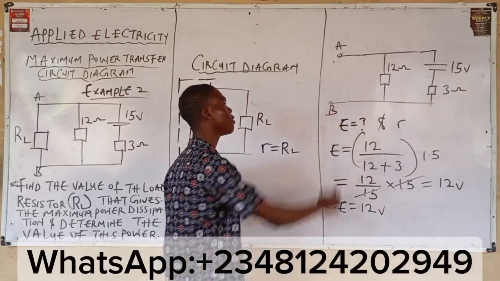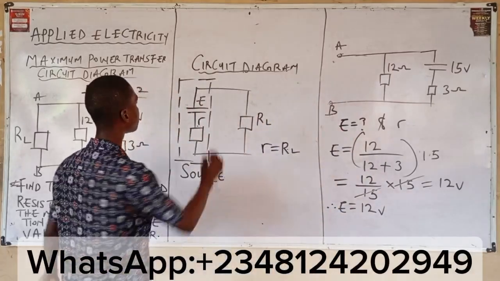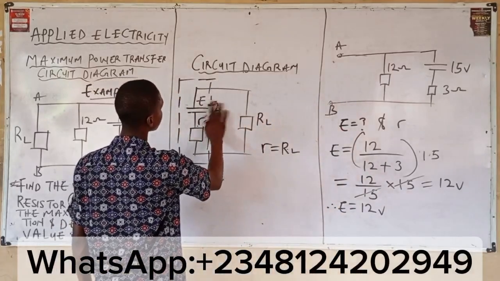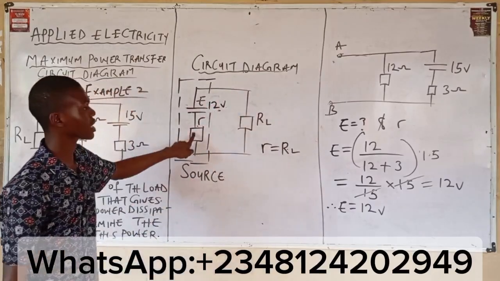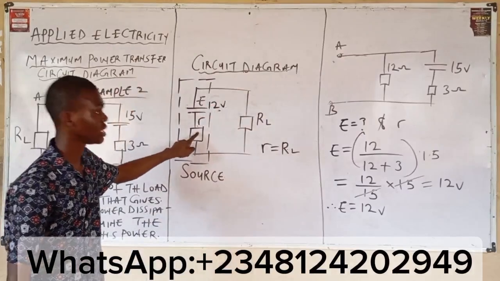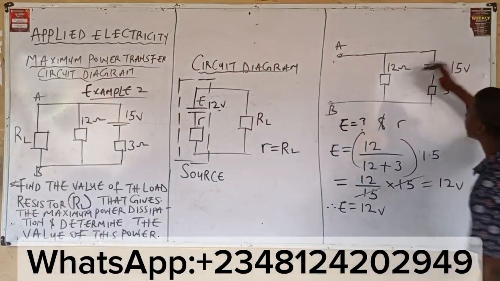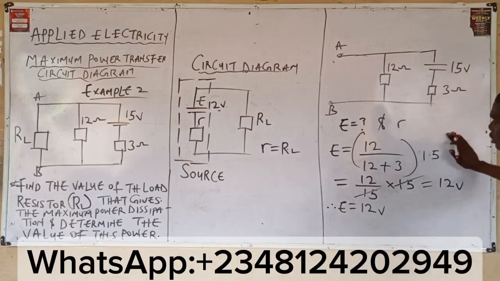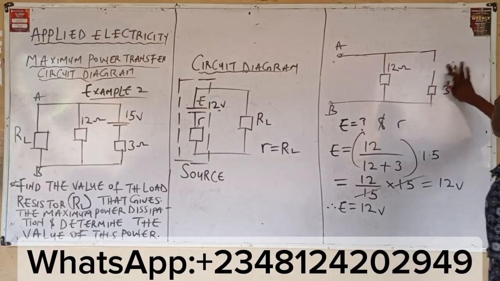So from this circuit diagram, I've obtained the value of the cell of this source, which is 12 volts. Next up, I want to get the internal resistance. How do you get the internal resistance? Calculate the equivalent resistance of this circuit, meaning you remove the source voltage.